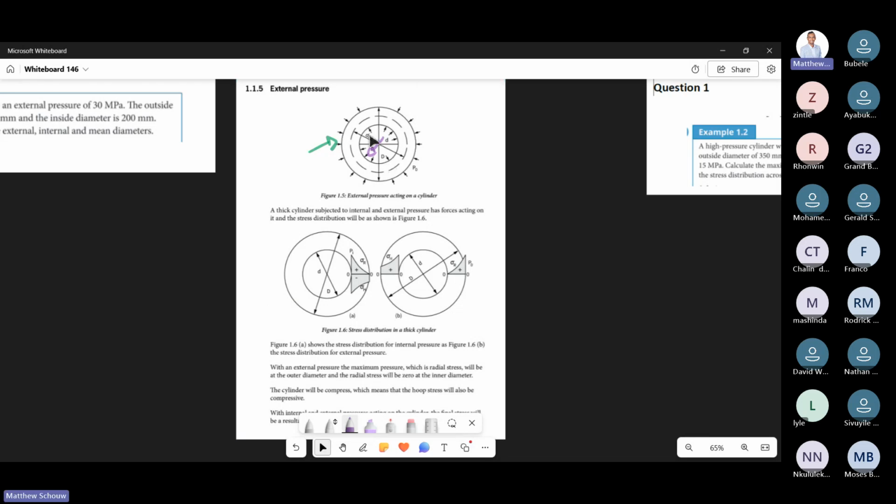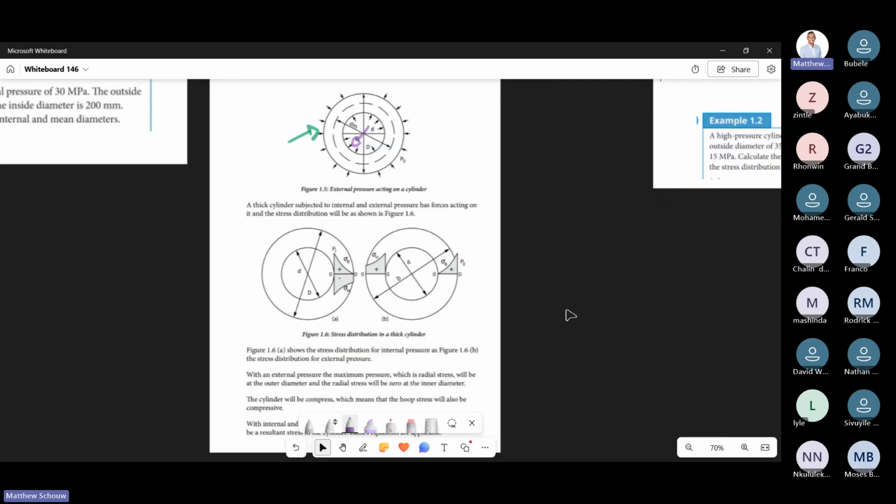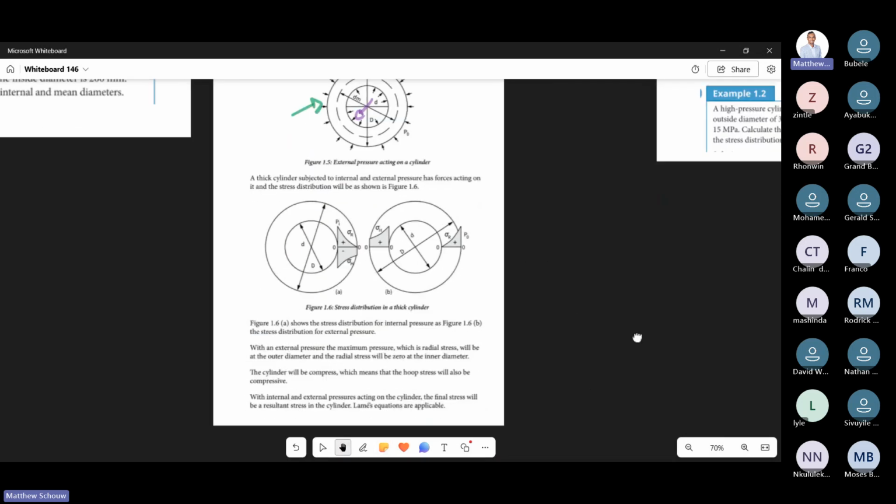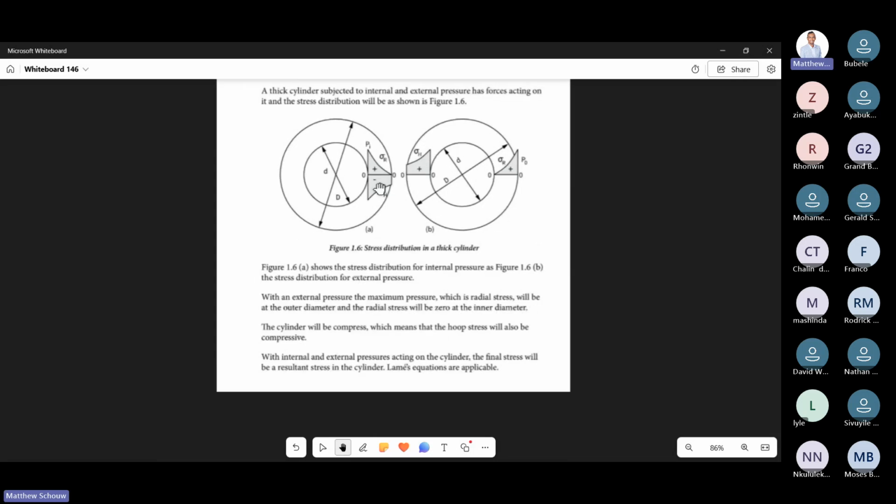So when you're looking at external on a thick cylinder, this is what happens. Our stress distribution is a bit different on the external side. Looking at this, they say here, with an external pressure, the maximum radial stress will be on the outer diameter, and the radial stress will be 0 at the inner diameter.